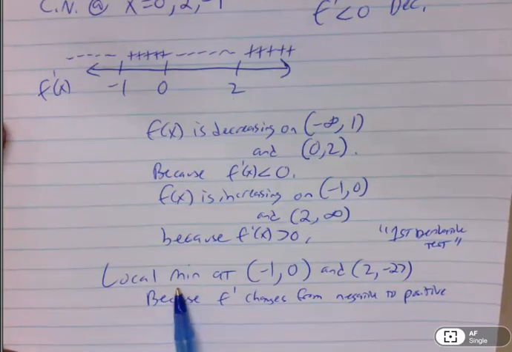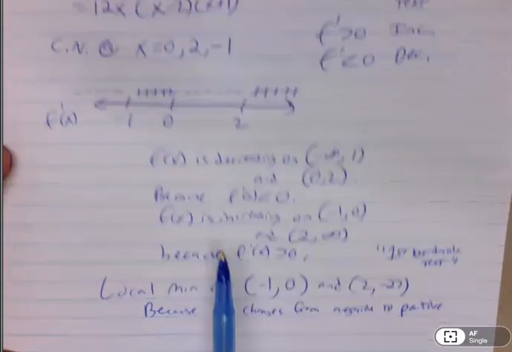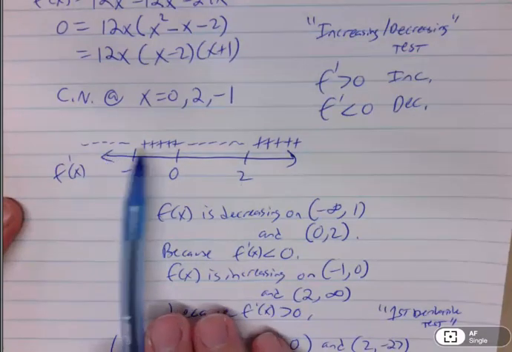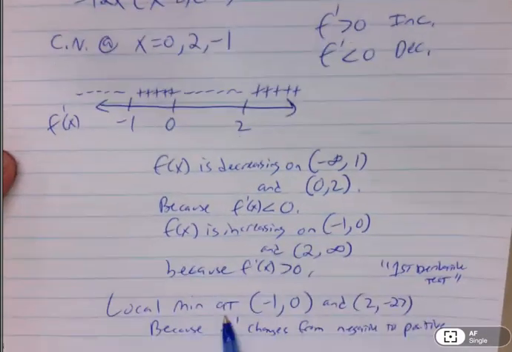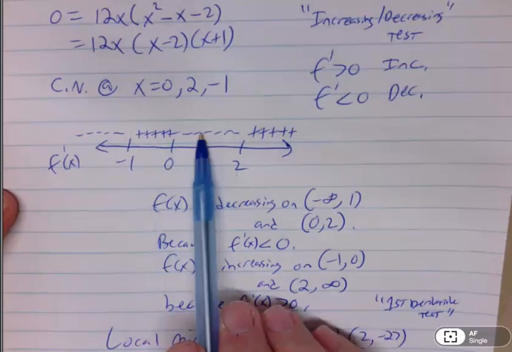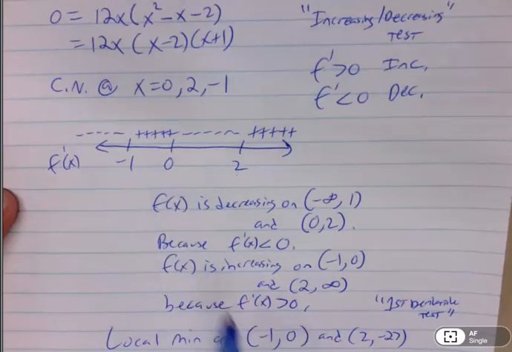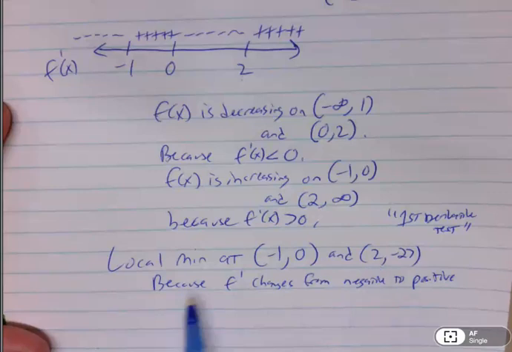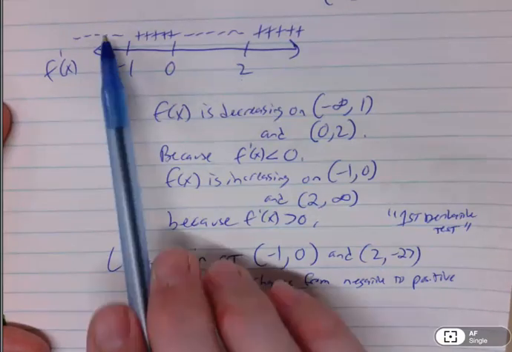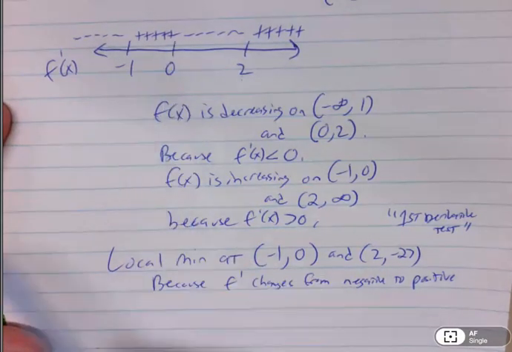You're using the first derivative to determine whether or not we have a local min or a local max. So you know you have a critical number. You check to see if the derivative changes from plus to minus or minus to plus. If it goes from negative to positive, then you know you have a minimum. If the derivative goes from positive to negative, you'll have a local max. I could also have said there's a local min at these points because f changes from decreasing to increasing. That means the same thing. But you do need the because.